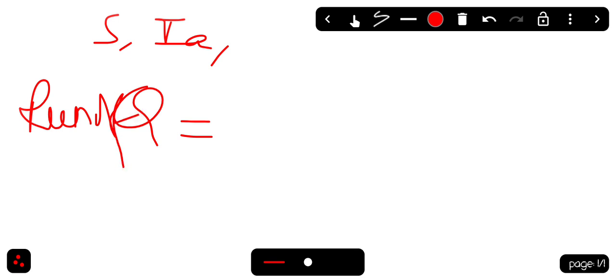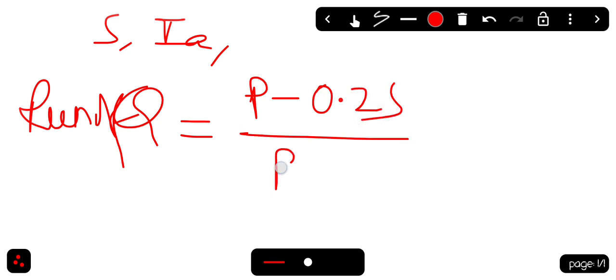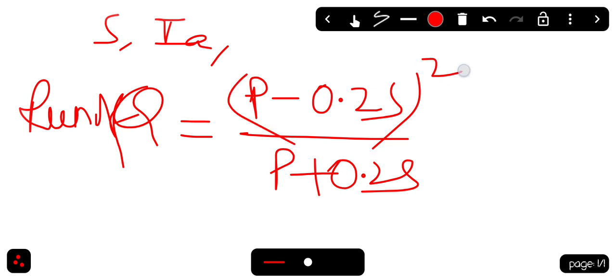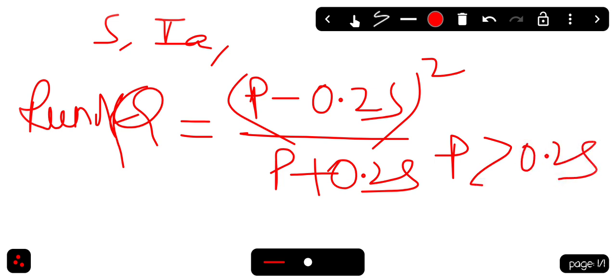Runoff Q is equal to (P - 0.2S) squared upon (P + 0.8S). Here P should be greater than 0.2S, otherwise Q will become 0.